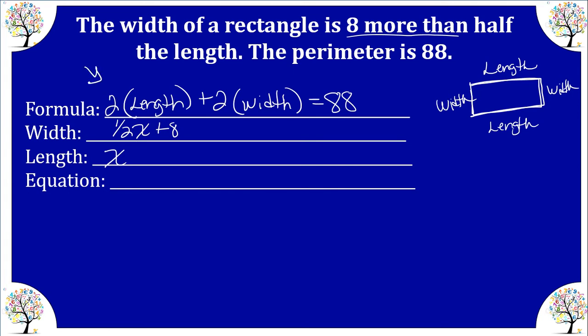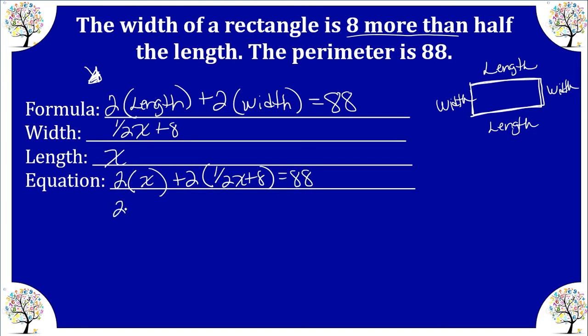Now, use it. Don't just write it to be writing it. Our formula says we have 2 lengths. Well, what is length? It's x plus 2 times width. What is our width? 1/2 x plus 8. Those need to be in parentheses because we will be distributing.